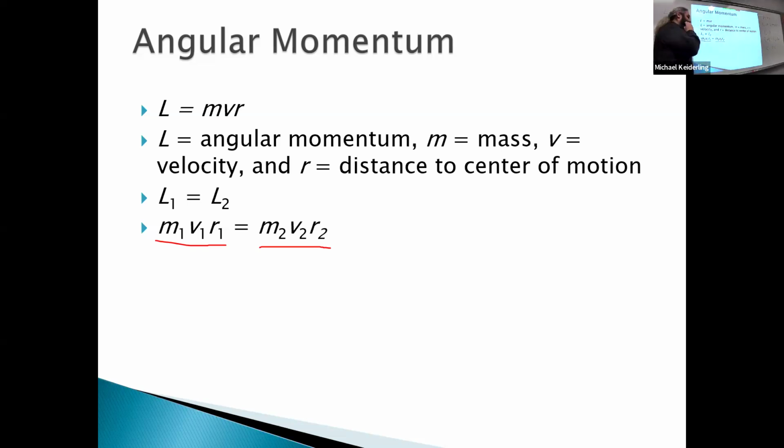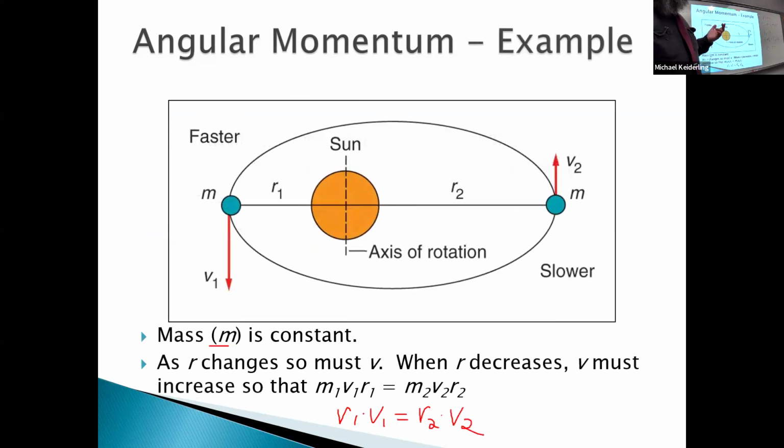And the thing here is you can have situations where the angular momentum isn't changing, there's no torques, but your radius is changing, so your velocity changes. So here, if you have something orbiting, say, the sun, it'll go faster when it's closer to the sun and slower when it's further from the sun.